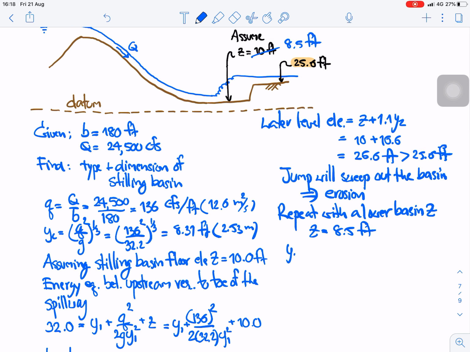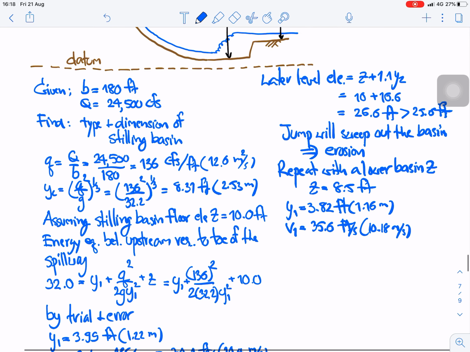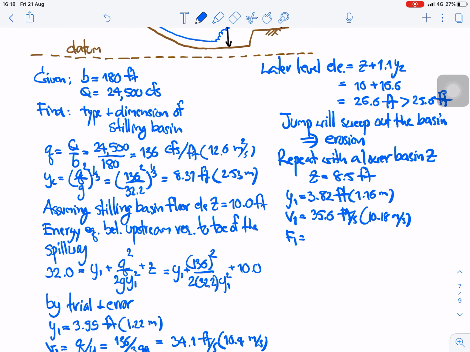We get y1, get V1, and the Froude number, and check the sequent depth: y2 is equal to 15.5.